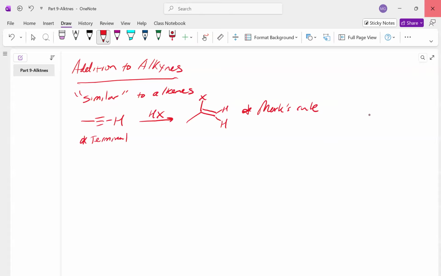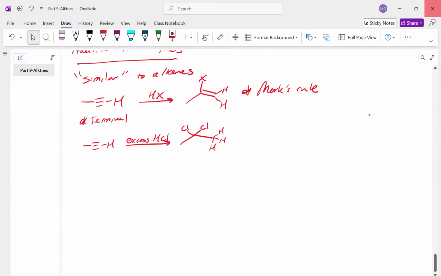Now, what's interesting about this is if we regulate the stoichiometry, if we use an excess of HX, it will add multiple times. So you'll get two halogens on one carbon and an additional two hydrogens on the other carbon. Let's think about how that happens.